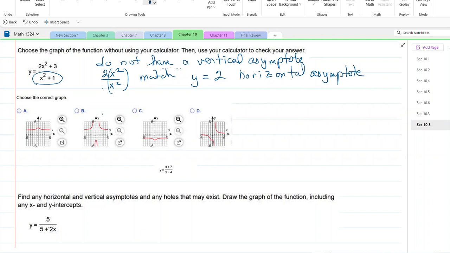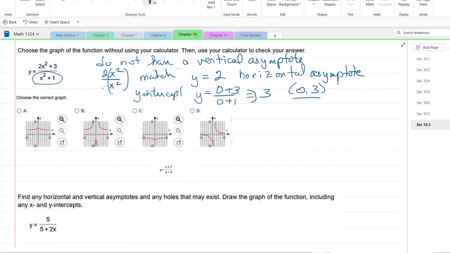Right. And now we can see about an x-intercept. So, a y-intercept. A y-intercept is when x is 0. So we've got a 3. So now we have that.